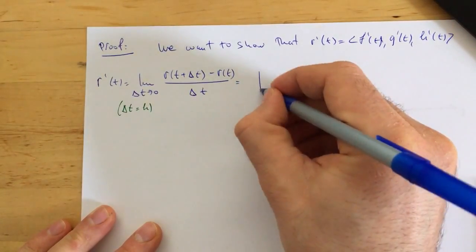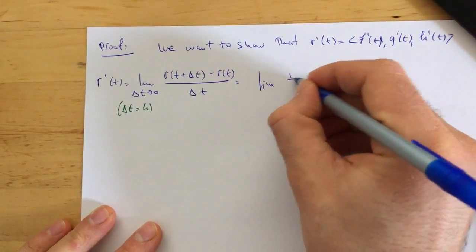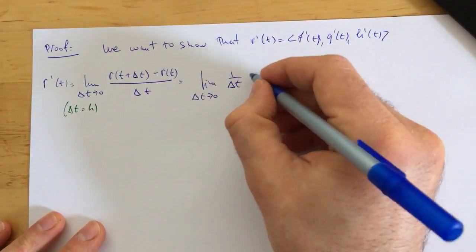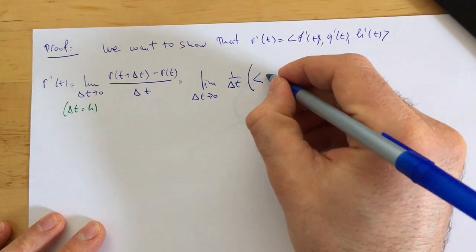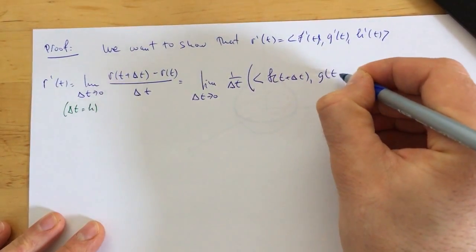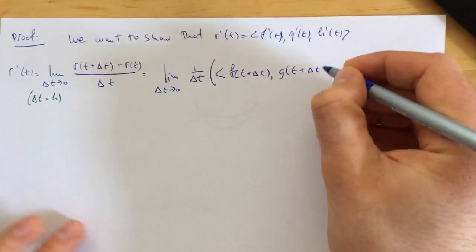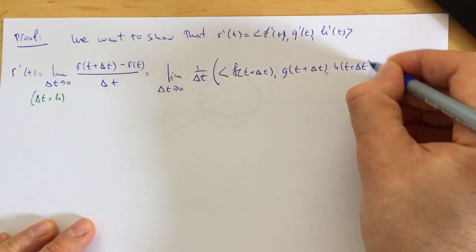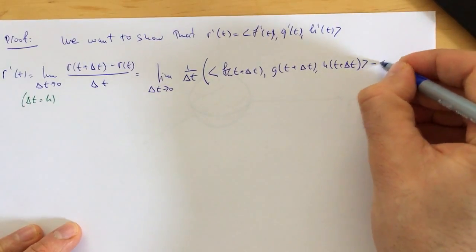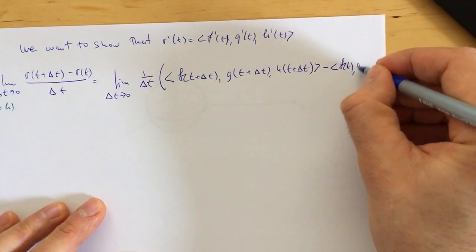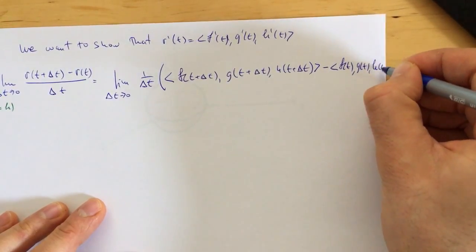This is equal to the limit of 1 over delta t as delta t goes to 0, and here we have the two vectors: f of t plus delta t, g of t plus delta t, h of t plus delta t, minus f of t, g of t, h of t.